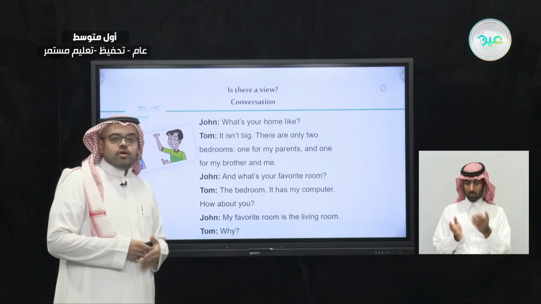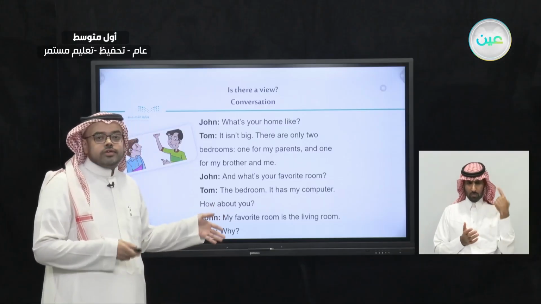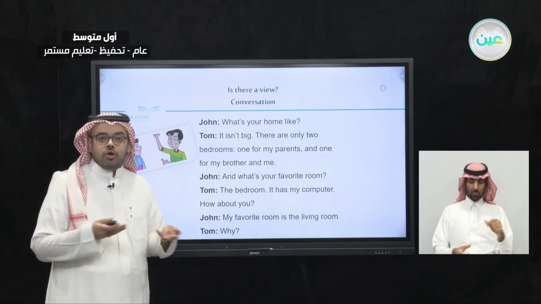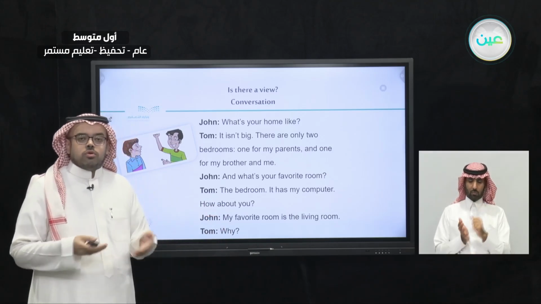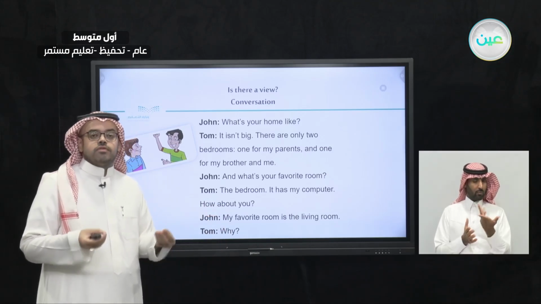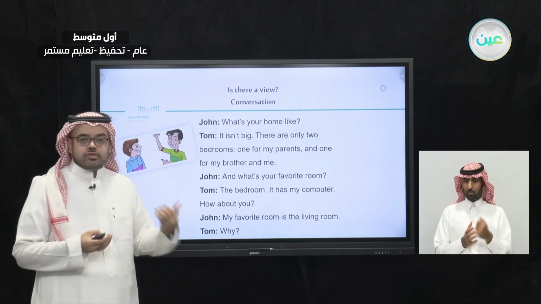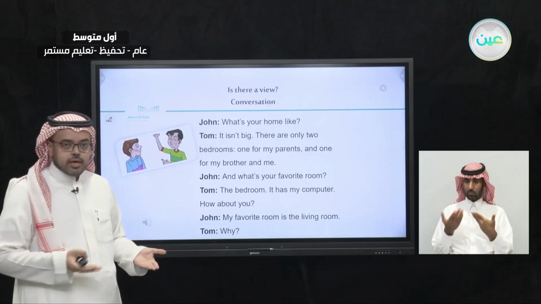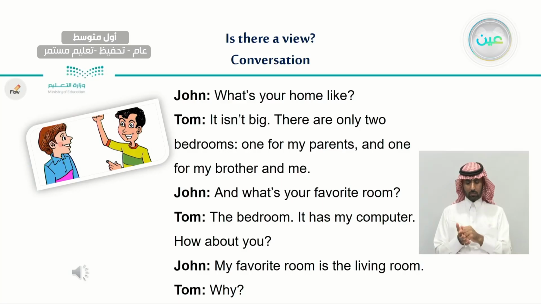Very well. So now we have listened to John and Tom talking about their home and their favorite rooms. And you see how Tom describes his bedrooms. He didn't forget our rule that we have learned today. He used the words there are.